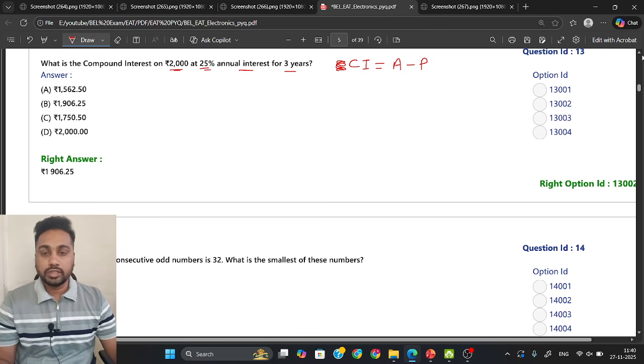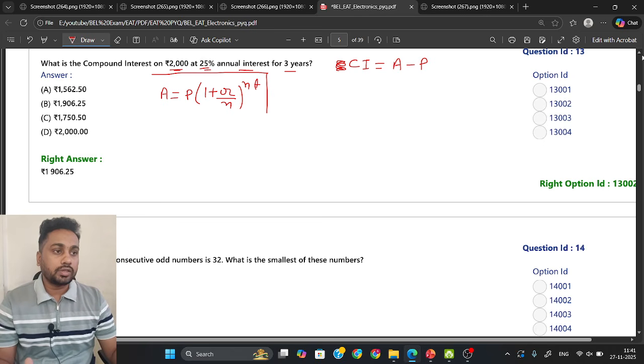But in this question they haven't given the amount value, so we need to find the amount first. So amount is equal to P(1 + R/N)^(NT). This is the common formula. You just need to remember this formula if you are going to calculate CI.